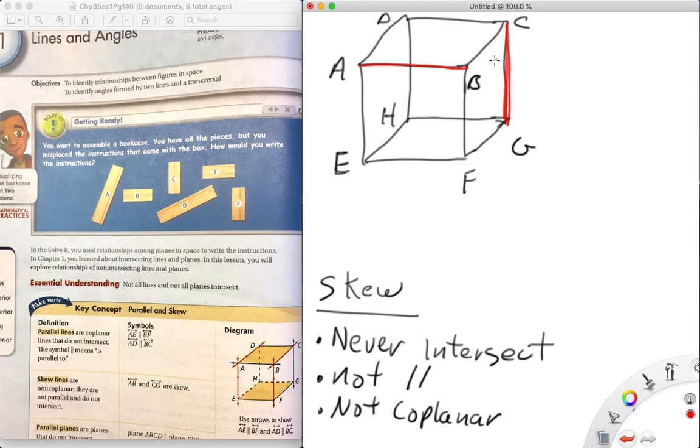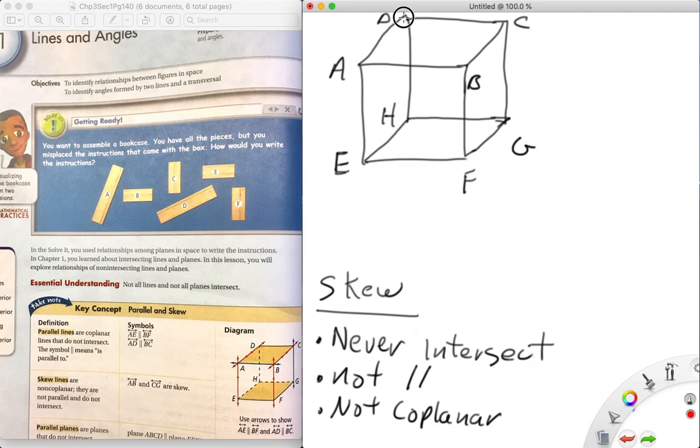They're not parallel, but notice that they're not in the same plane. AB is in the front plane, and CG is in the back plane, or the right plane, and they're never going to intersect. This guy is in the front, this guy is in the back, this guy is going up, this guy is going left to right. These are skew.